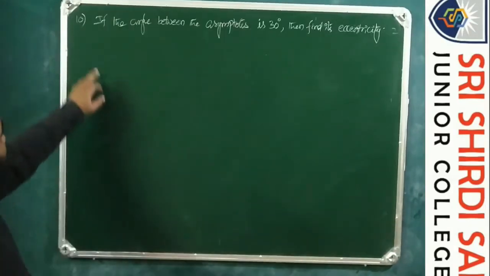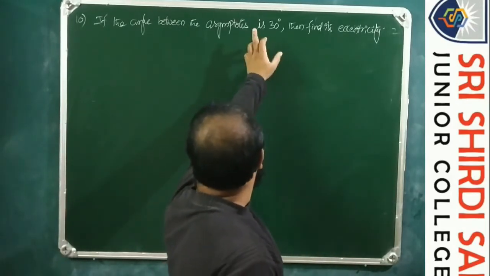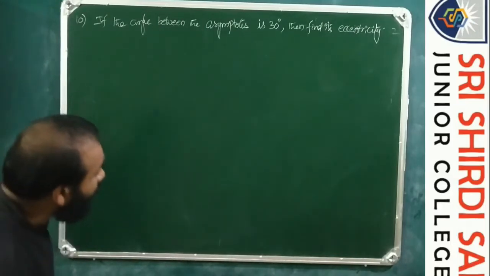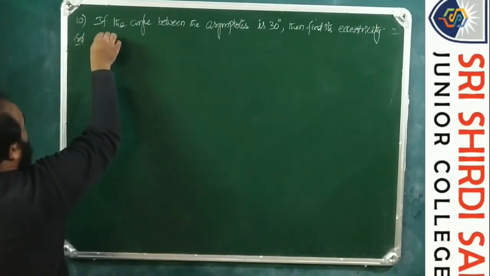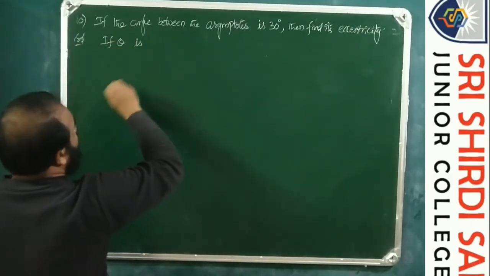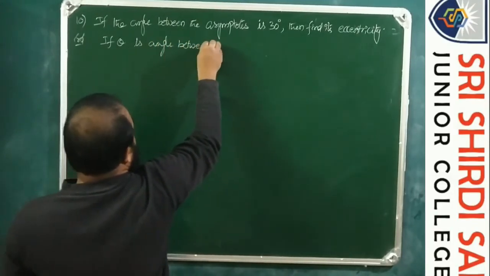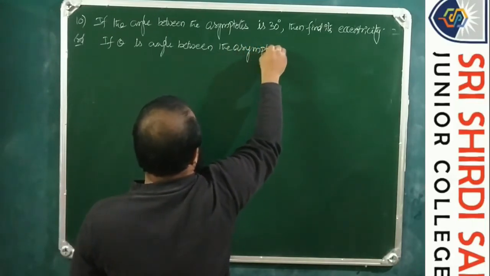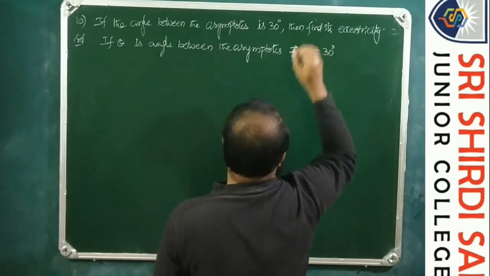If θ is the angle between the asymptotes, and θ = 30° is given, then find the eccentricity. So if θ is the angle between the asymptotes, then θ = 30° is given.